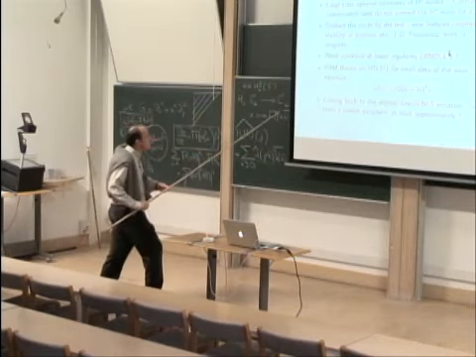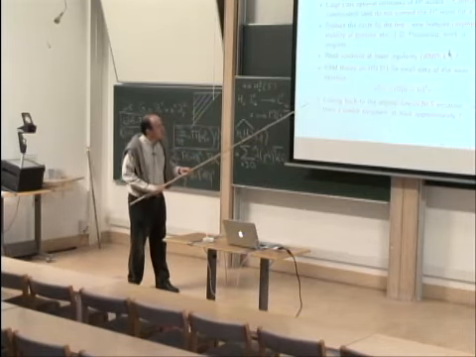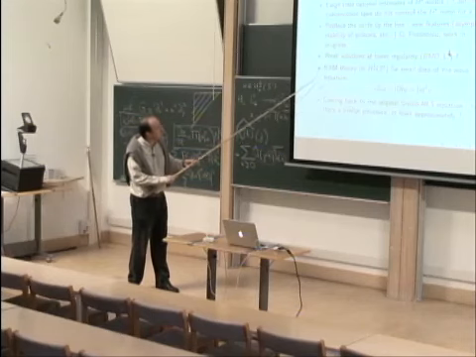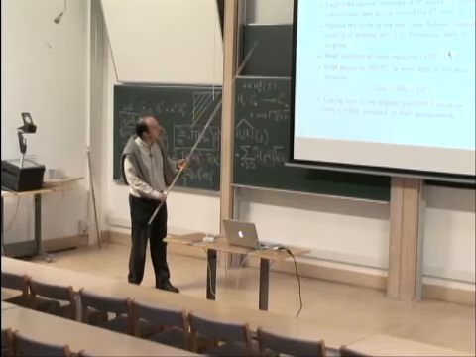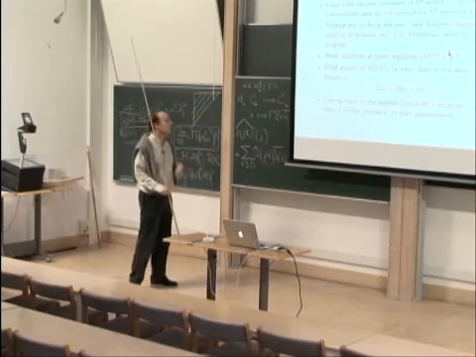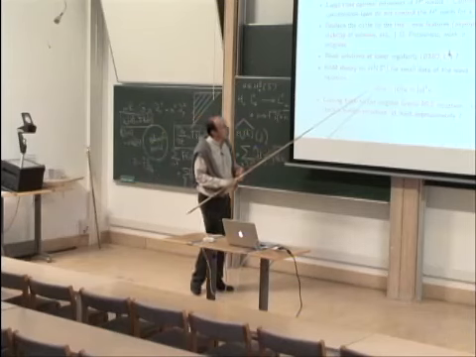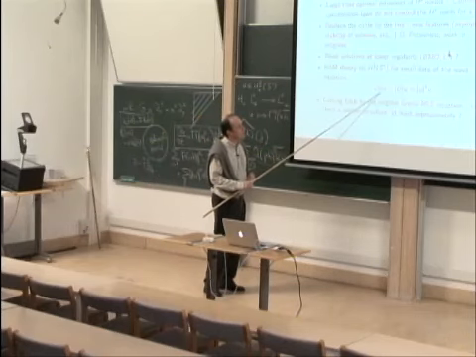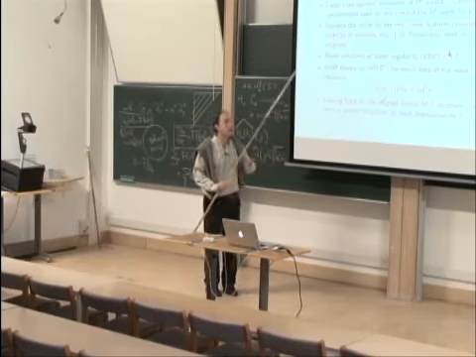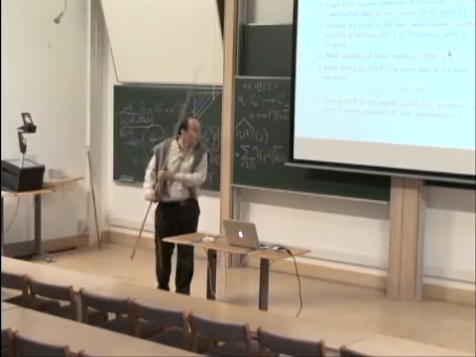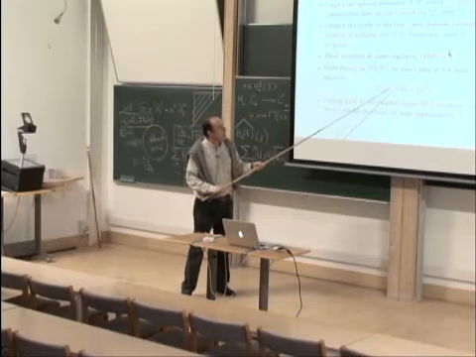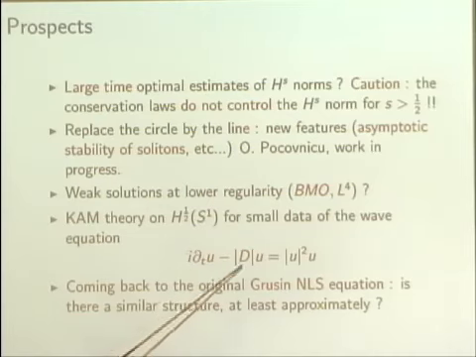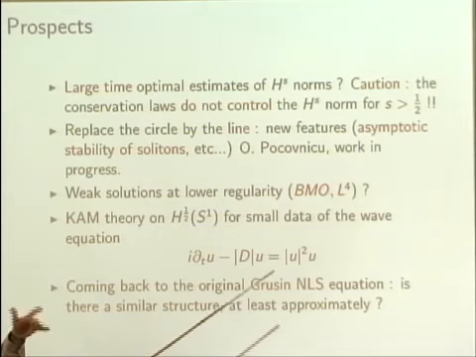So to some extent, you may expect that you can do that, and a toy model for that would be to do some Kolmogorov-Arnold-Moser theory on an intermediate toy model, which is this equation. It's just a wave equation on the circle or on the line, where the Laplacian is replaced by minus |D|. So, of course, the most natural thing to do is to decouple positive modes and negative modes.